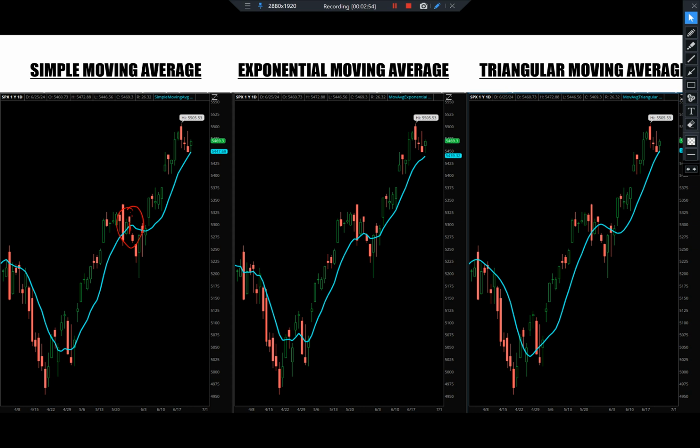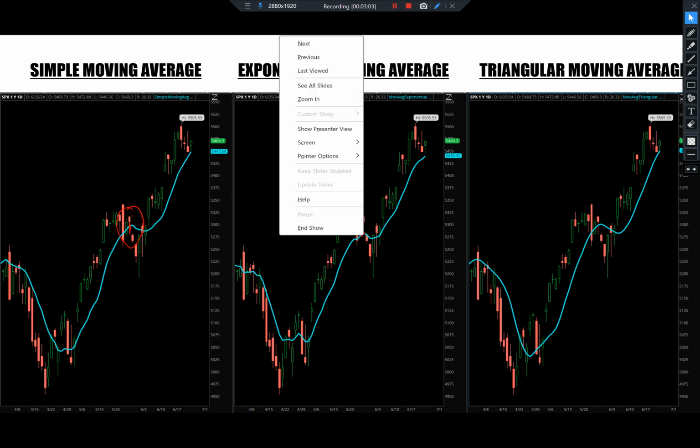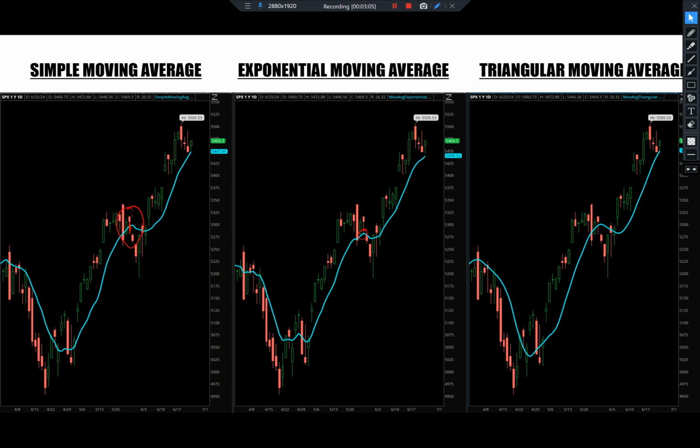This is a simple moving average. However, if you look at the exponential moving average over here, do you see that it holds very nicely? It touches it and bounces up.